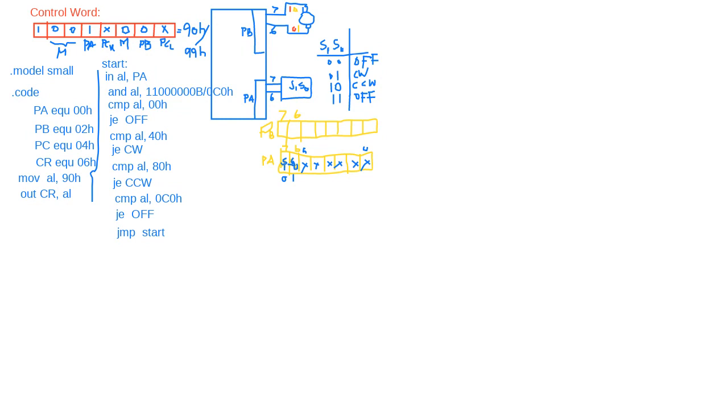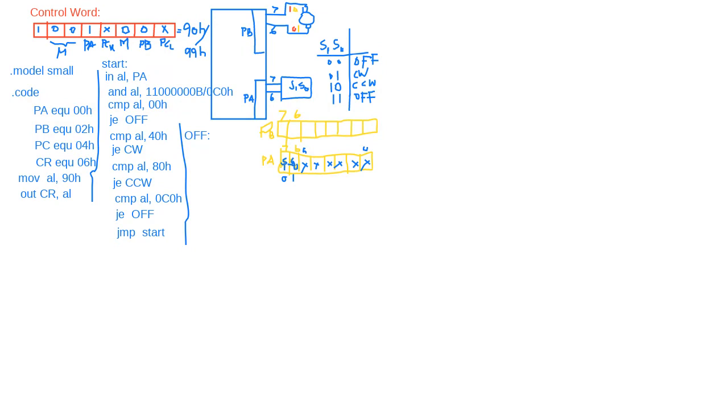Okay, so now look here. What about the off action? We can write the off action here. What will it actually do? Move AL comma.